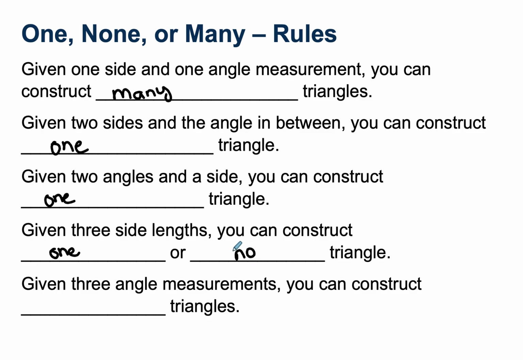And then for our last one here, given 3 angle measurements, you can construct many triangles. They could be tiny, they could be big, they'll look like each other, but if you don't have any sort of guideline about the size of the sides, then there are many different ones that you can do.